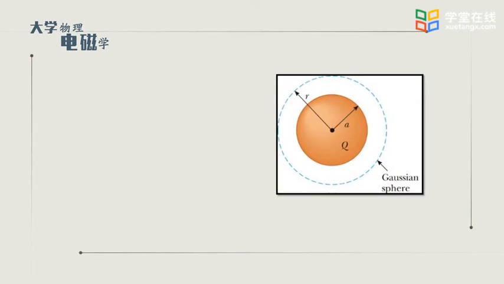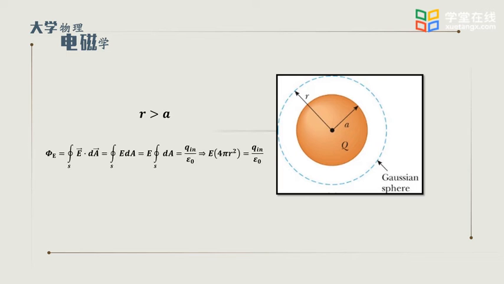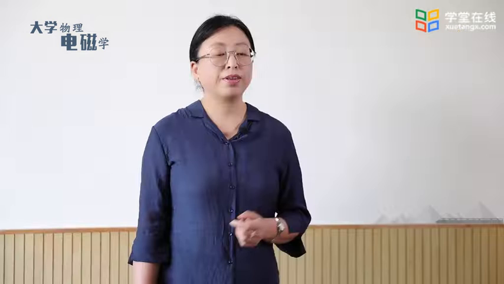For points outside the sphere, a spherical Gaussian surface with a radius r larger than a is chosen. For this choice, the electric field everywhere on the surface is parallel to dA, so E·dA reduces to E dA. By symmetry, E has the same value everywhere on the surface, so we can remove E from the integral sign.